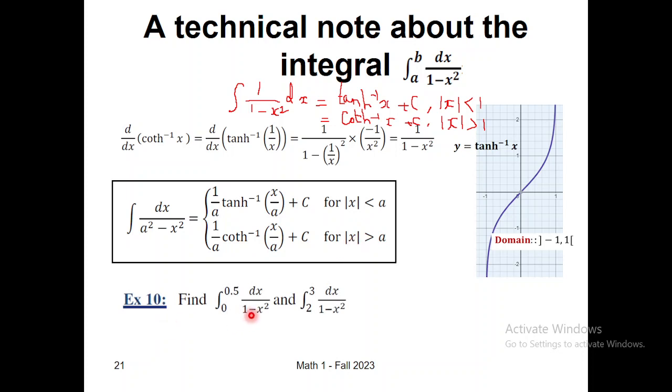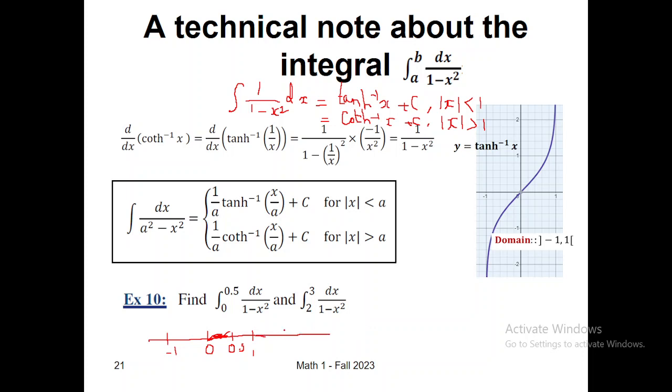Consider, for example, these two integrals. We want to integrate 1 over 1 minus x squared from 0 up to half. Now, this period from 0 up to half is within the interval from -1 up to 1. We integrate over this interval, so we apply tangent inverse. But now the other integral is from 2 up to 3.